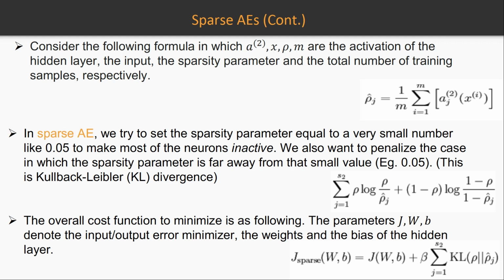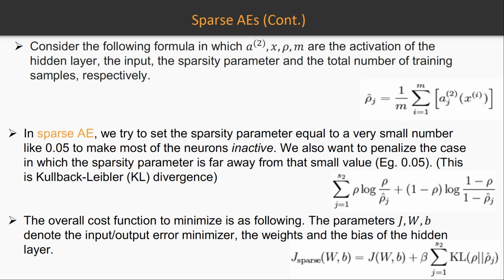In sparse autoencoders, we try to set the sparsity parameter equal to a very small number like 0.05 to make most of the neurons in the hidden layer inactive. The smaller the rho, the more hidden layers being inactive. We also want to penalize the case in which the sparsity parameter is far away from the small value, like the sparsity value 0.05 here.